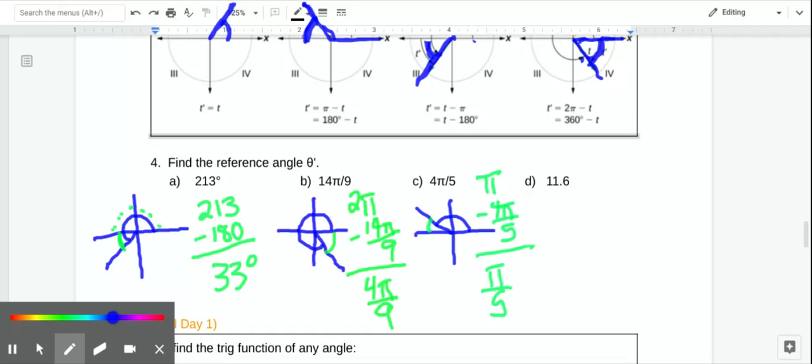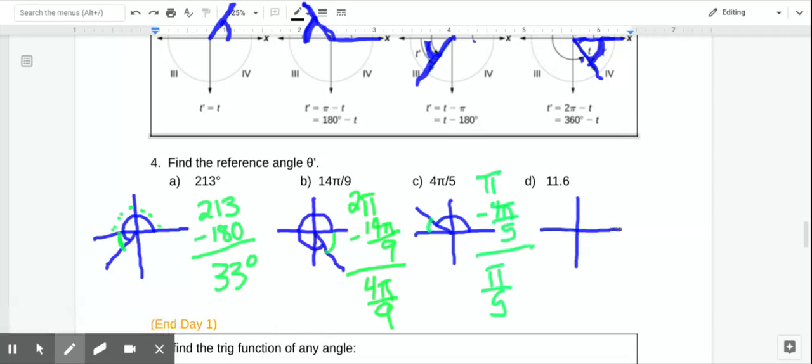And then our last one, this one is in radians. Notice there's not a little degree symbol, so it's 11.6 radians. Remember, it's 6.28 all the way around the circle. How much do we have left then? 11.6 minus 6.28 is 5.32.